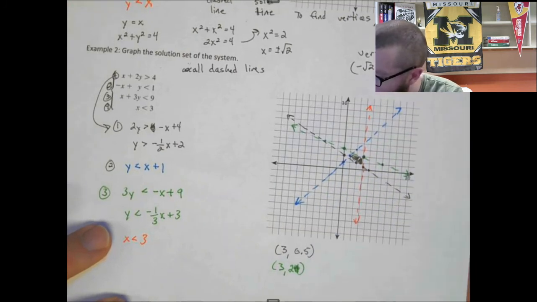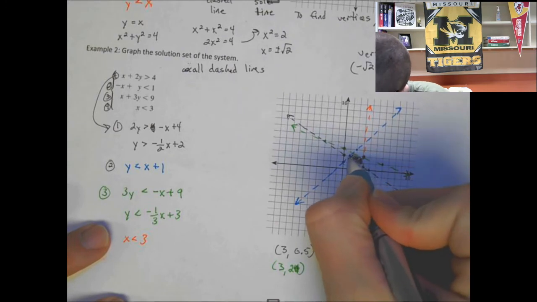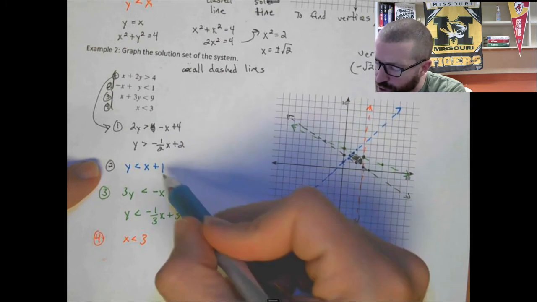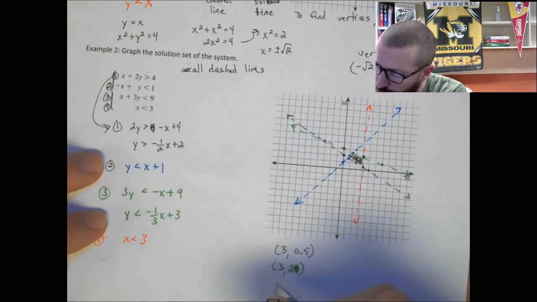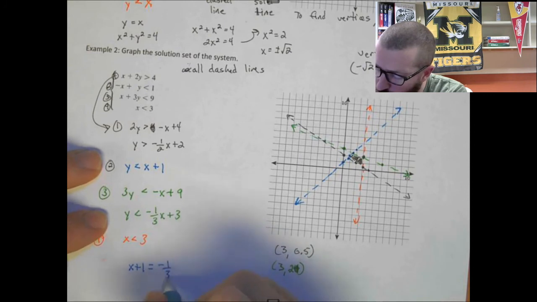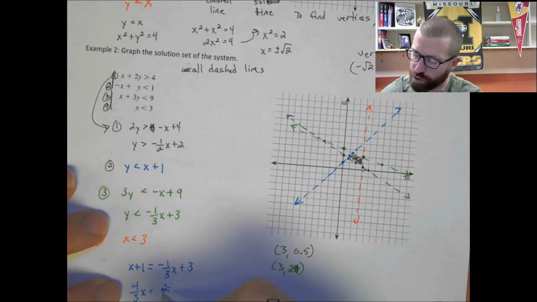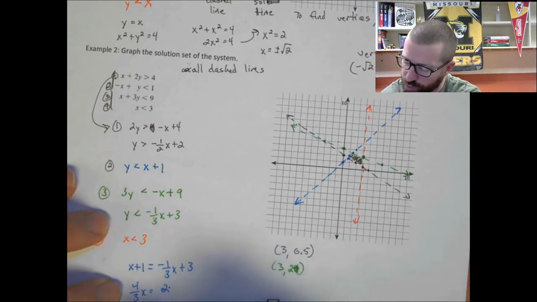Okay, so then we need where this green hits the blue, and then where the green hits the black. So if I look at the green and the blue, I can set those equal to each other to find x. So that gives me x plus 1 is equal to negative 1/3 x plus 3. If I add a third, that's 4/3 x is equal to, subtract 1, 2, and then multiply by 3 and divide by 4 gives me 6 over 4, or 3/2.